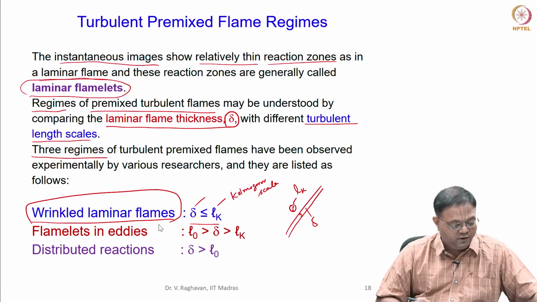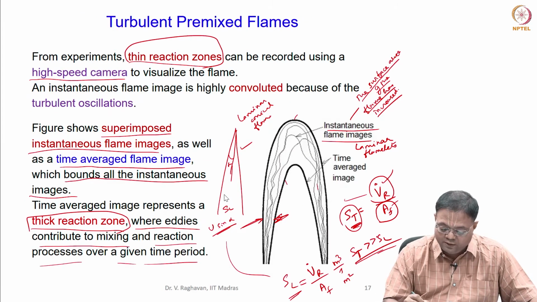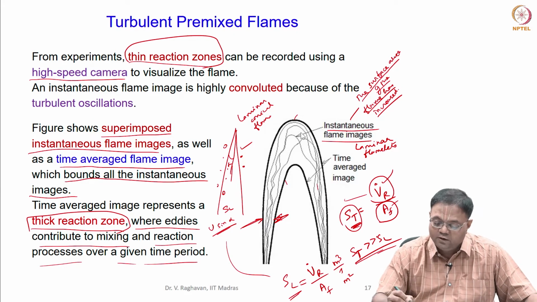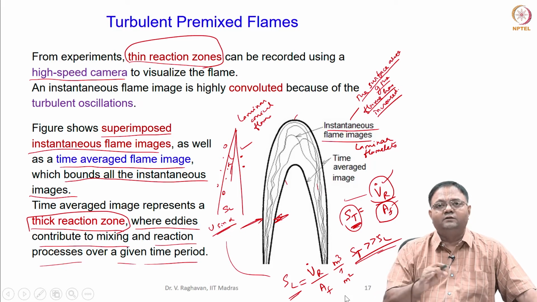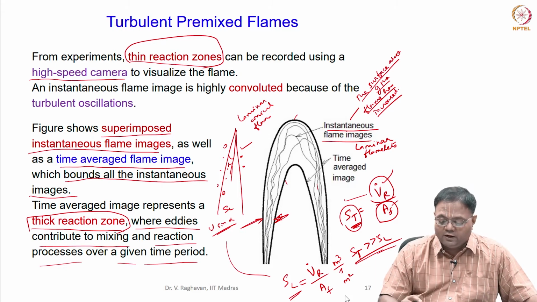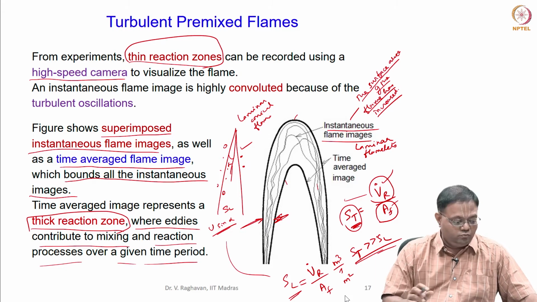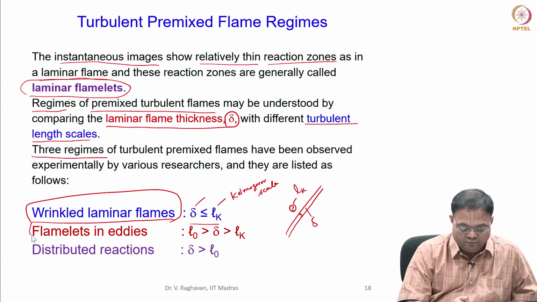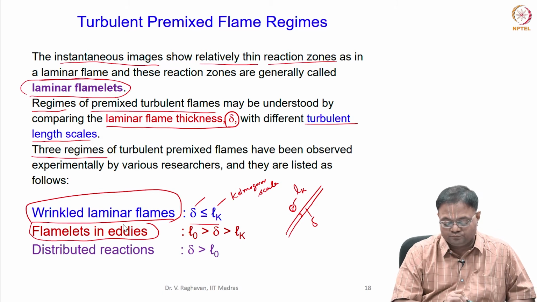That is what we see here. Basically, eddies act upon this conical flame zone and make it convoluted like this, and this changes with time, and we get a thick flame zone finally. Now in the second regime, we have flamelets in eddies.